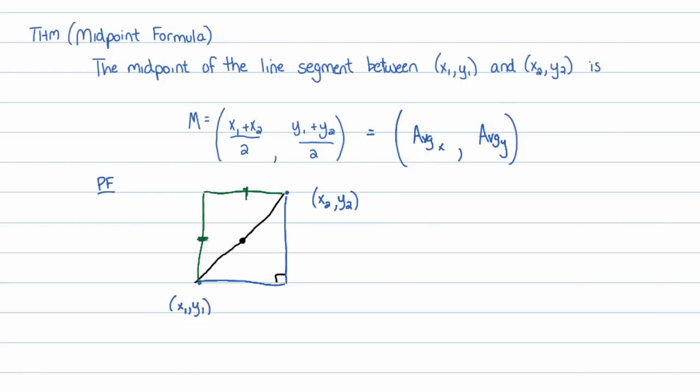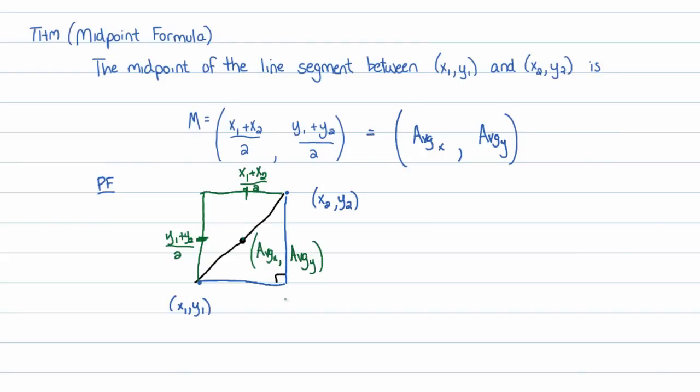So if you think about it that way, you should easily be able to see that this value is halfway between the two y values, so it is the average of the y values. And this point should be halfway along the x values, so it should be the average of the x values. So therefore this point should have the coordinates: the average value for the x and the average value for the y.